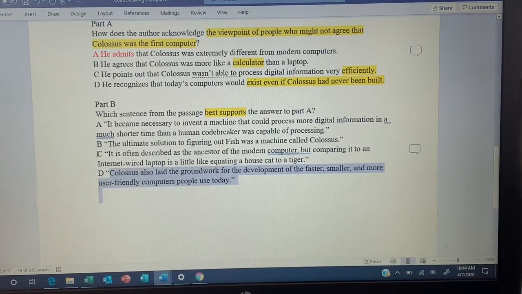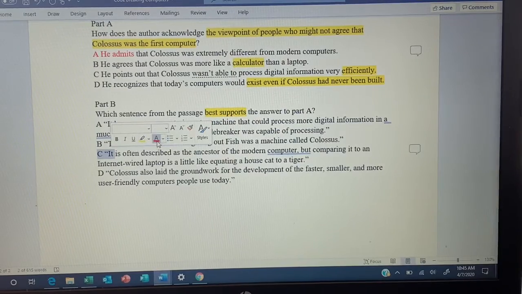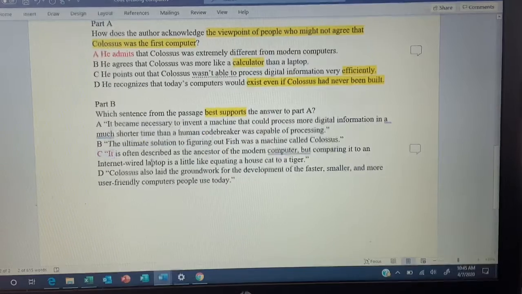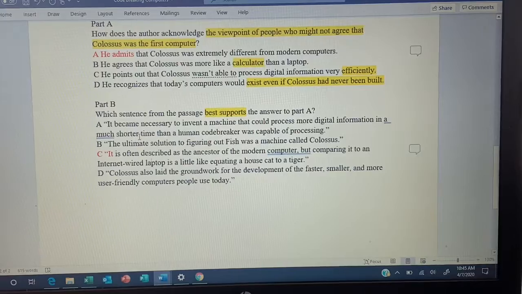C is going to be our best answer because this is where he's like, okay, people, before you get mad at me and say that my comparison between Colossus and a modern computer is ridiculous, let me give you some credit and agree with you people who would critique me and say, okay, wait, this is the prototype for the modern computer, but it's nothing like the modern computer. To compare the two would be like comparing a house cat to a tiger.